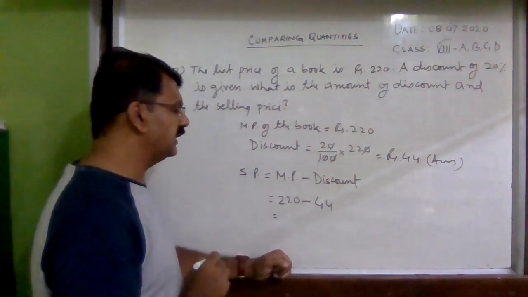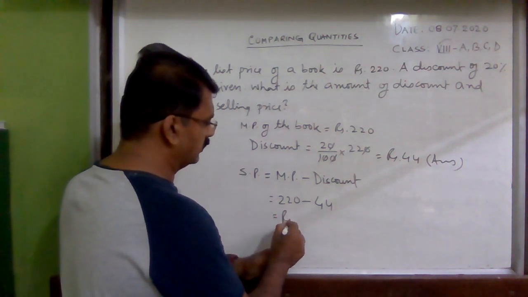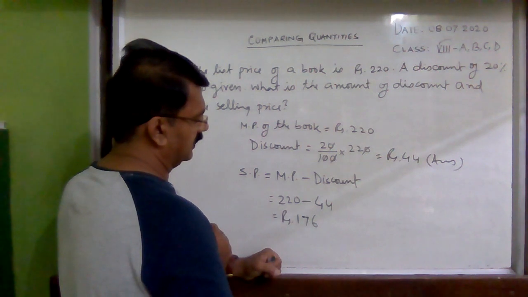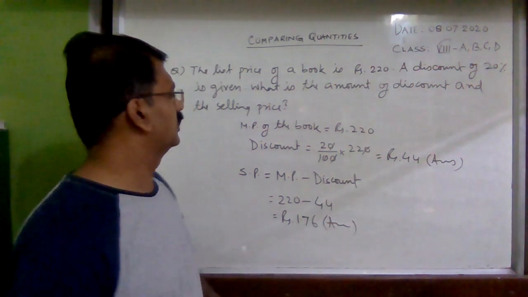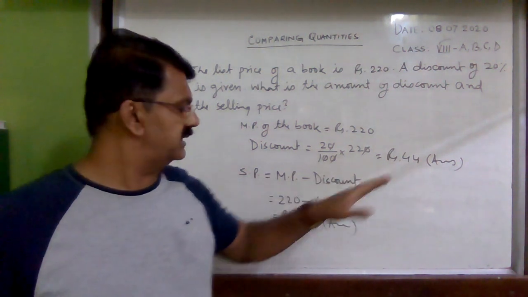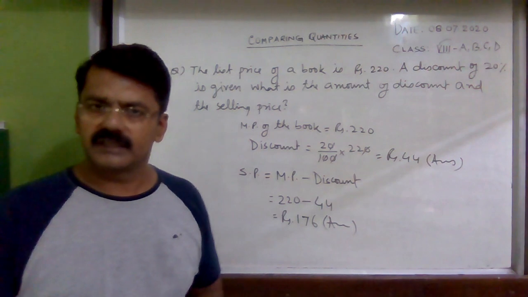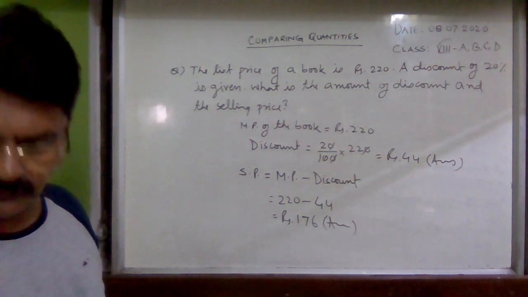So from 220, when you subtract 44, the answer is rupees 176. Okay, so that is the selling price. So discount is 44 rupees, the selling price is 176, and there is a discount of 20%. Clear? So we will do the next question.